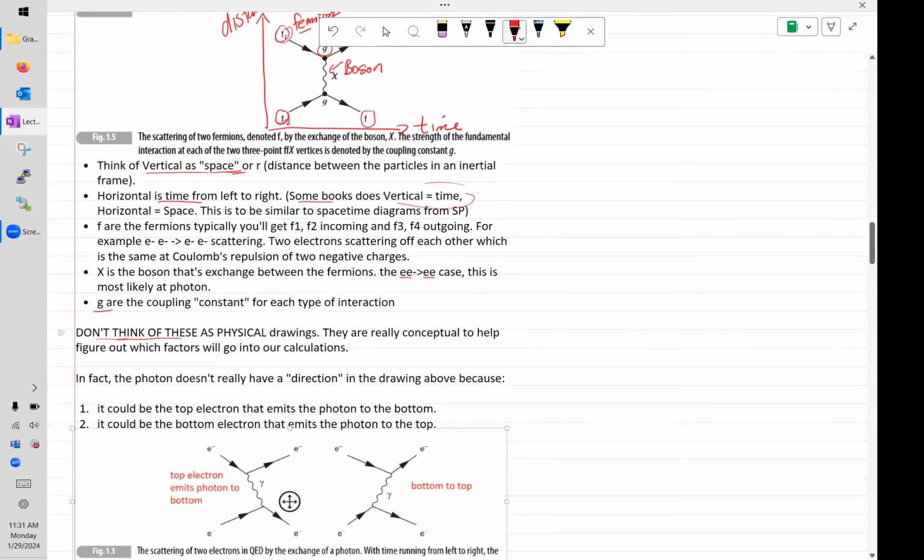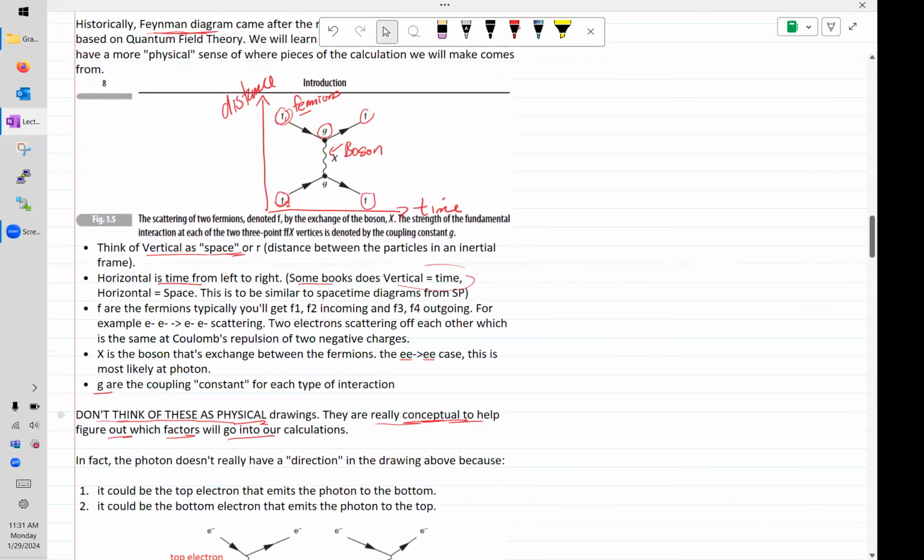One thing the book also warns you is not to think of these as physical drawings. They're very conceptual. We use these diagrams to conceptually figure out what factors go into our calculation. What is the momentum coming in for these fermions? What is the coupling between them? Which boson is being exchanged between them?